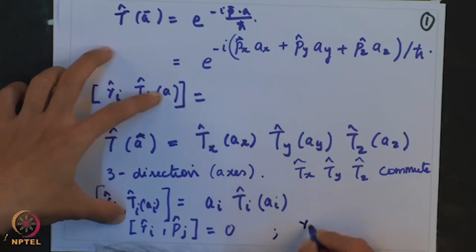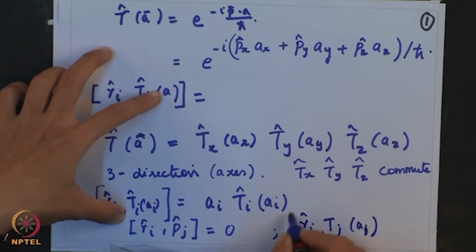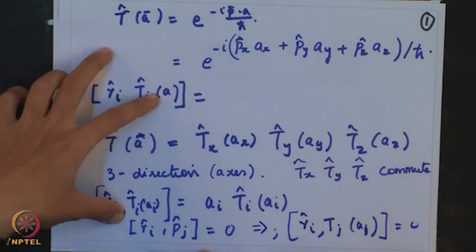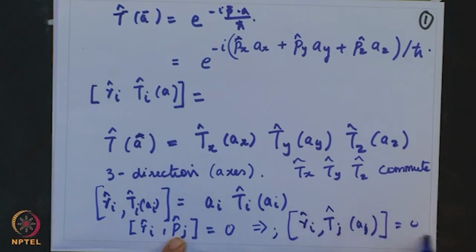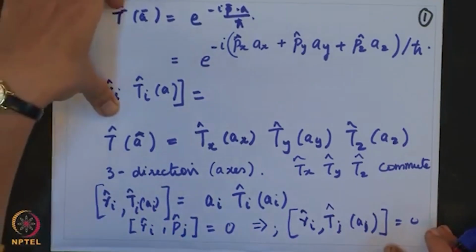So, we will have [Ri, Tj(aj)] equal to 0 for i not equal to j. Remember, because Tj depends on Pj, if I have a Pj, then I have a Tj, which gives 0.